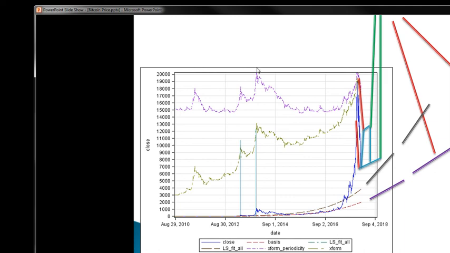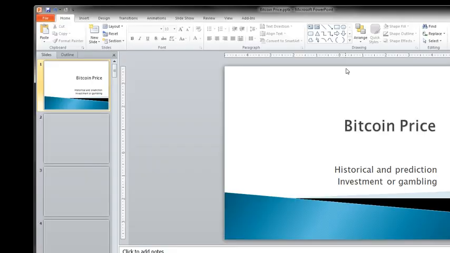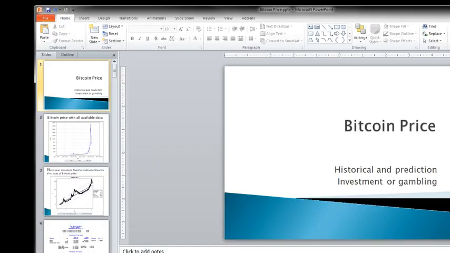Where it shoots up to, I don't know. This is 20,000; it could shoot up to 40,000, 60,000. Who knows? Another skyrocket, sending you to space. But it is very, very unlikely this will happen.